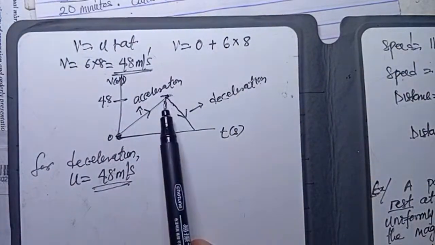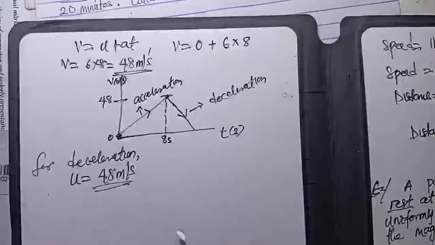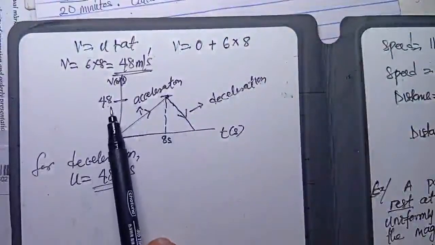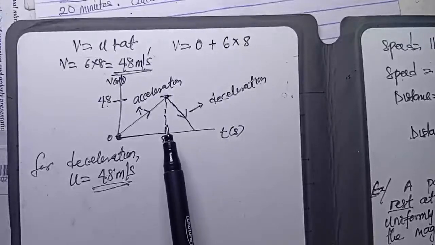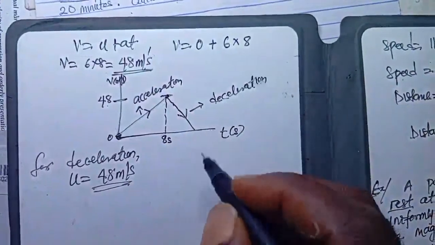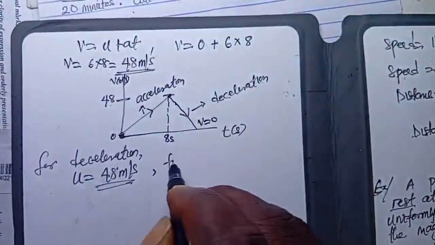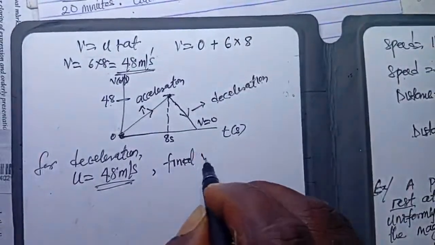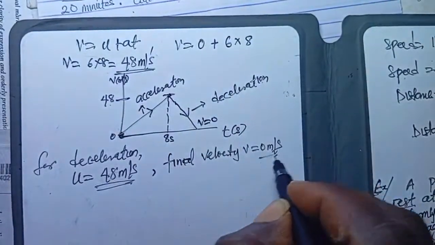But the moment the question says that it then decelerates uniformly to rest, it is telling you that the initial velocity at that time is equal to 48, which is the highest before, but because it's coming down, the final velocity V will now be 0 meters per second.